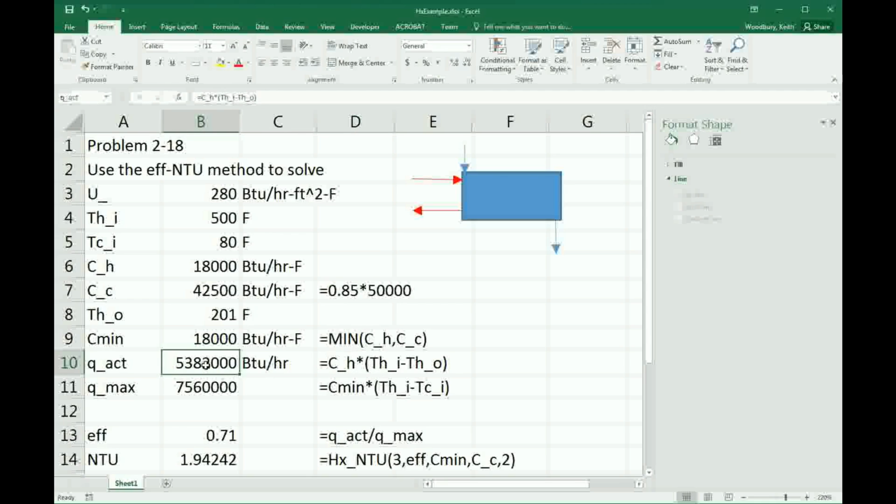So from Q actual, if we can then find the effectiveness for this exchanger, then we can find the number of transfer units, and that's going to lead us to the area that's required for this heat exchanger.